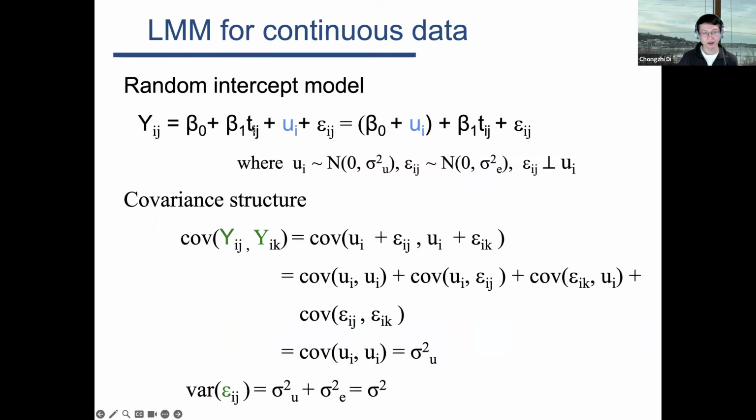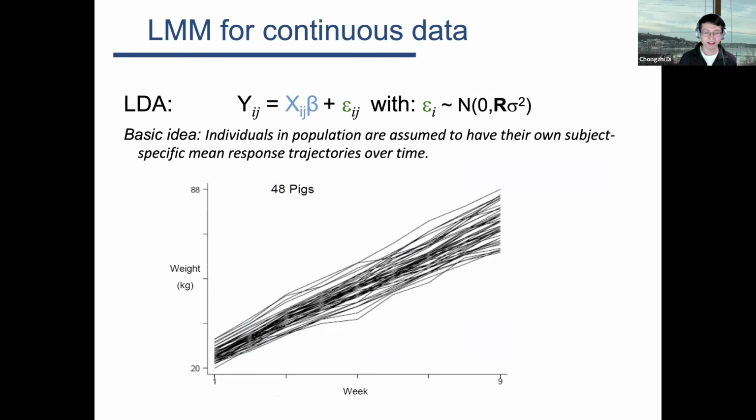Okay, so let's say you wanted to use a linear trajectory to model the growth curve. But you notice that different individuals tend to differ: some are generally a bit higher, some a little bit lower.